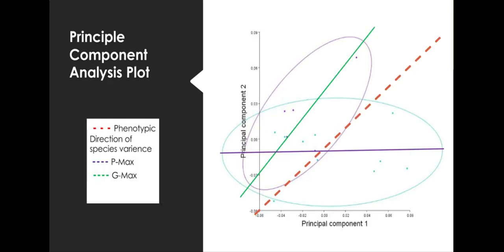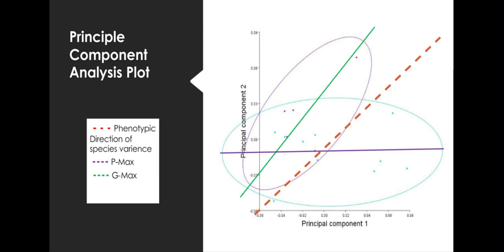Following that, we plotted the principal component analyses against one another to determine their orientation to the axis of greatest variation, which is a mouthful, but really it's just the variation between these two species. And that's represented by this dashed red line going straight through the middle here.